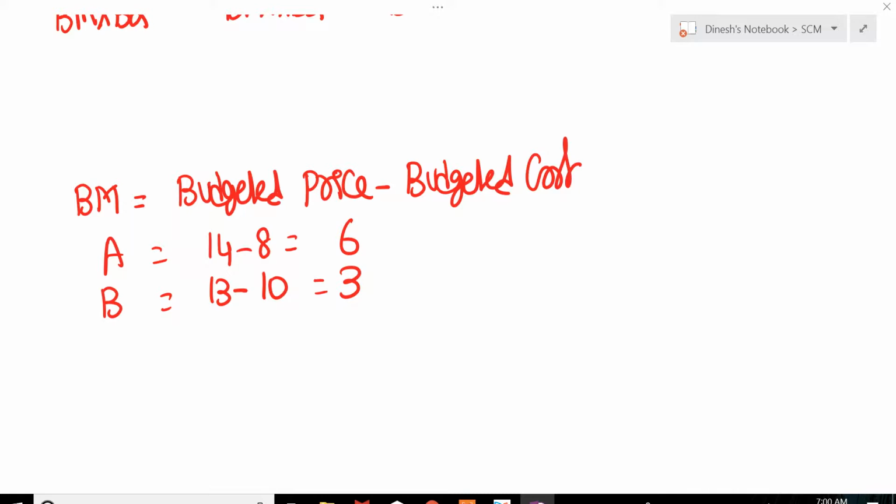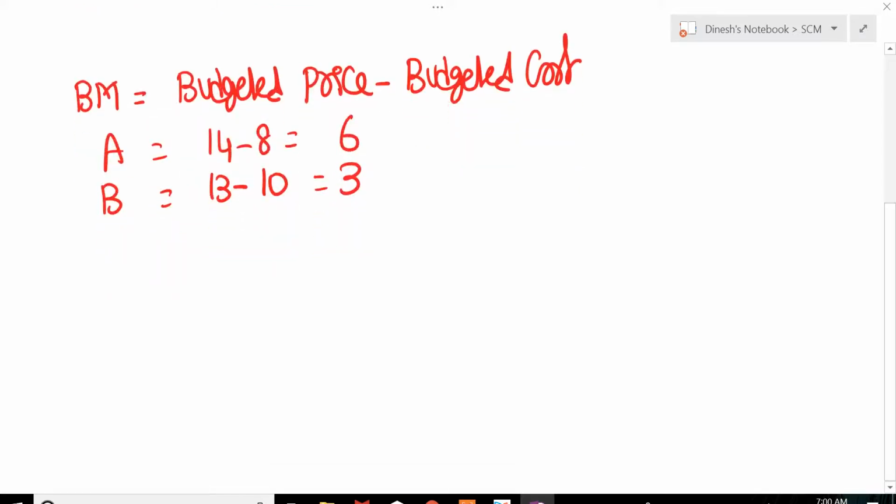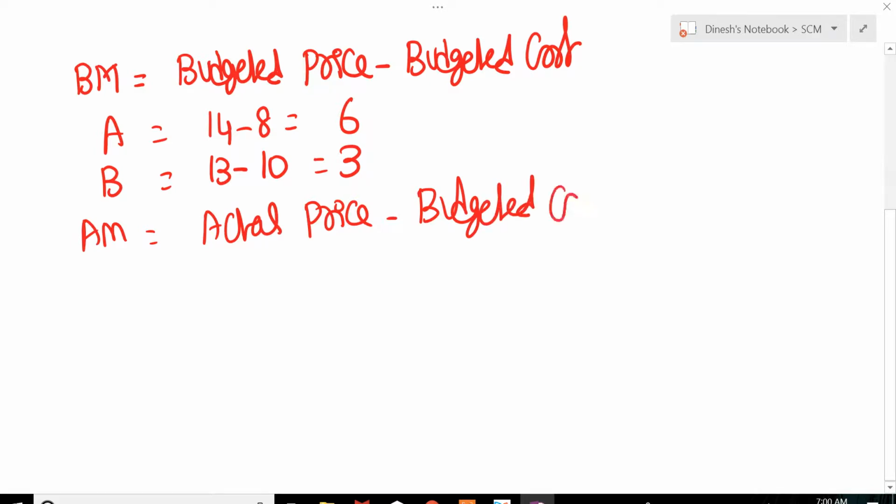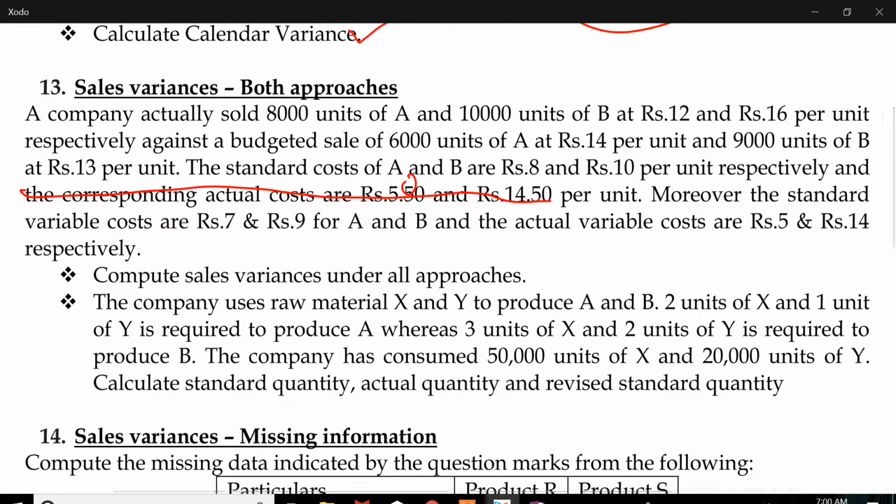BM equal to budgeted price minus budgeted cost. Then AM equal to actual price minus budgeted cost. Actual price is 12 and 16.